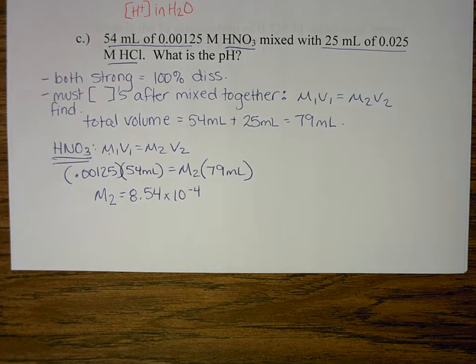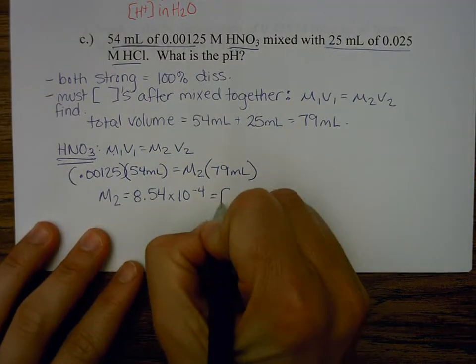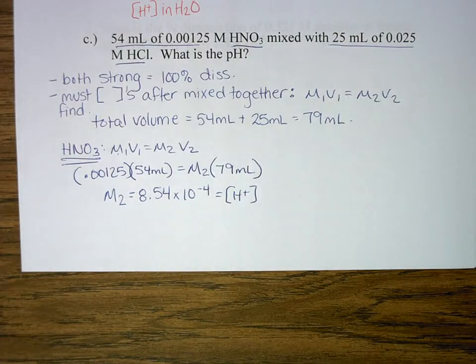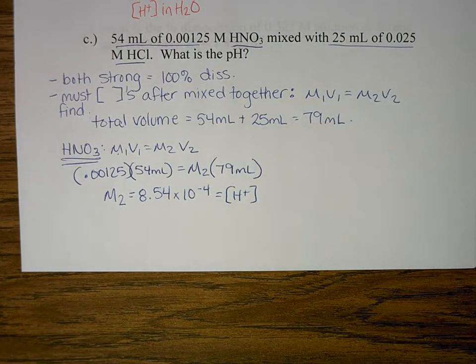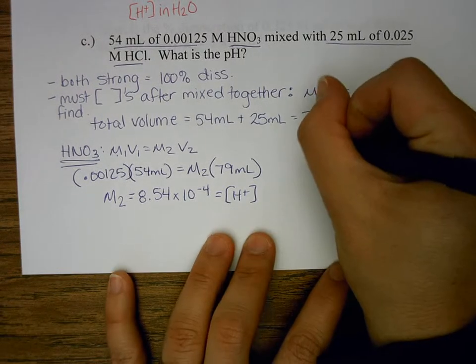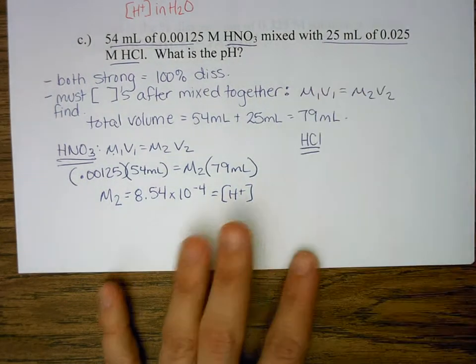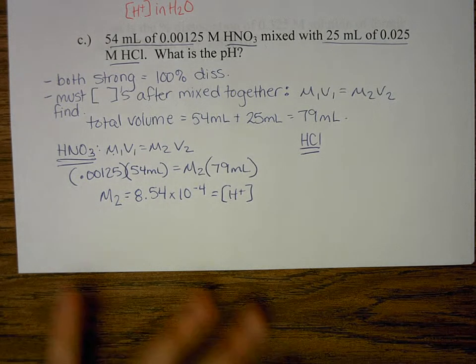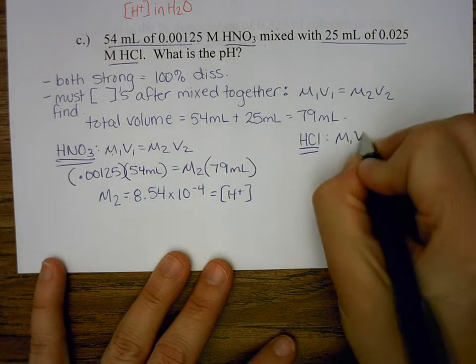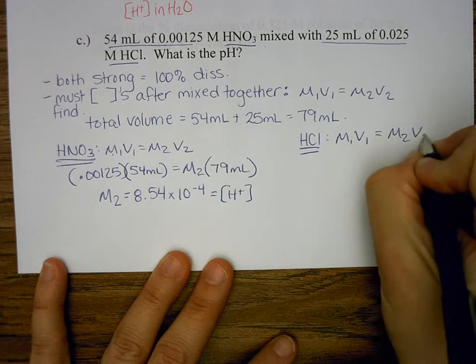Now what I really calculated here was just the concentration of the nitric acid after the two solutions are combined together. But since nitric acid is a strong acid and fully dissociates, if this is my concentration of nitric acid, it is also the same thing as the concentration of hydrogen ions that came from nitric acid. So now I need to do the same thing for HCl, and then you're going to add the two together. M1V1 equals M2V2 for hydrochloric acid.